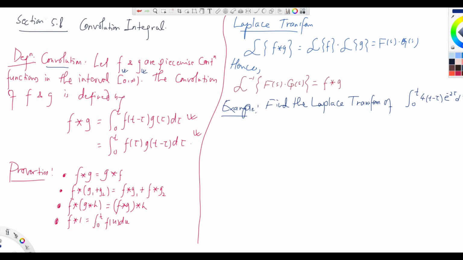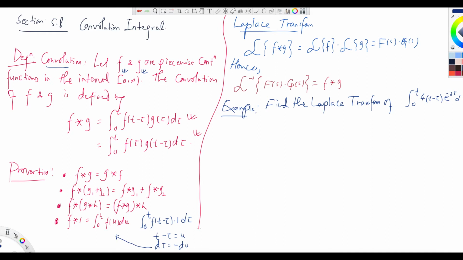How does that happen? This one is the integral from 0 to t of f(t minus tau), and g(tau) is just 1, times d tau, right? If you replace t minus tau by u, you get d tau equals minus du.